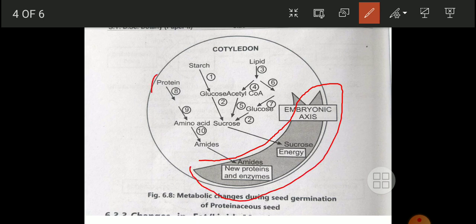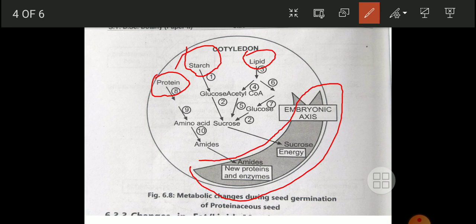Here the protein present in proteinaceous seeds, starch, and lipid are the reserve food material. Why is it known as reserve? Because when it is required, it is utilized by the seed whenever the germination process is going on. For your information, whenever it is required, it can be made available.